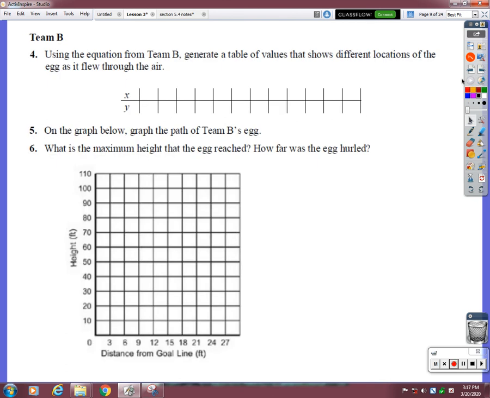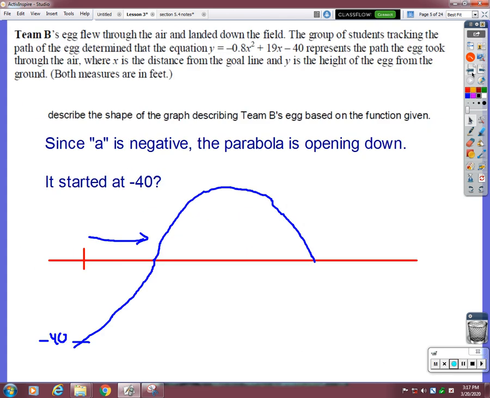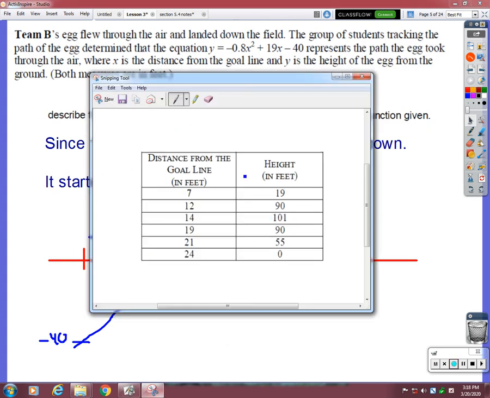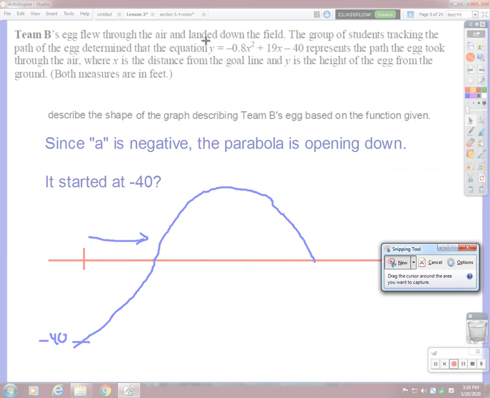All right, using the equation from Team B, generate a table of values that shows different locations of the egg as it flew through the air. So let's grab the equation for Team B and bring that over to there.